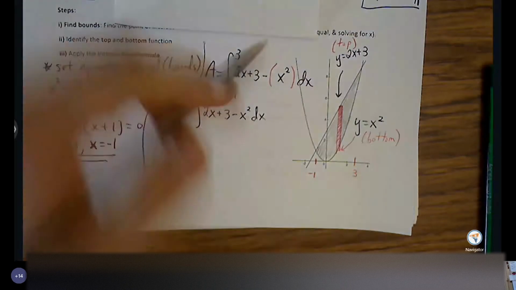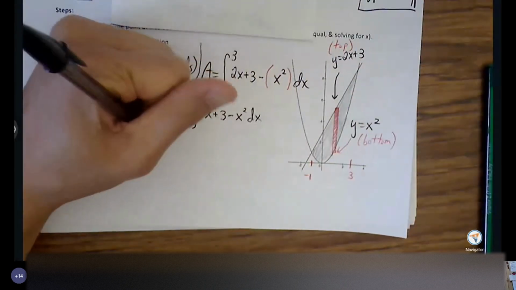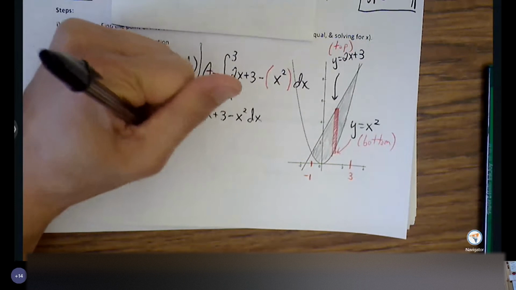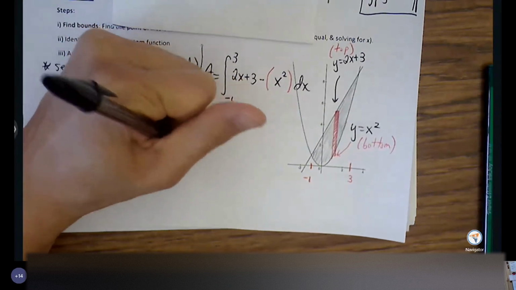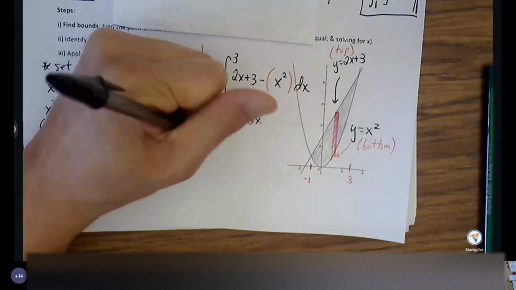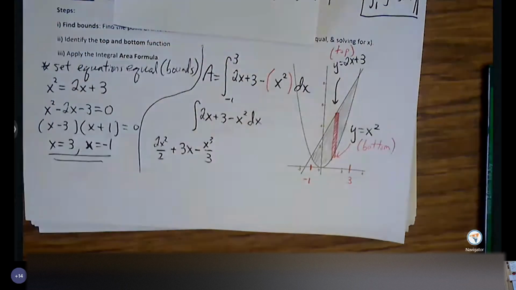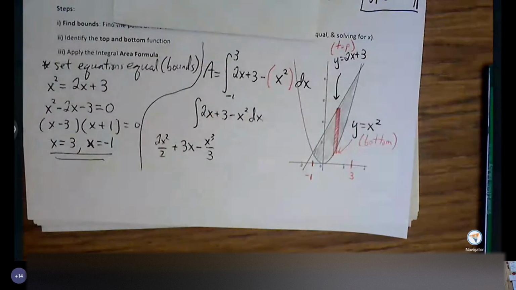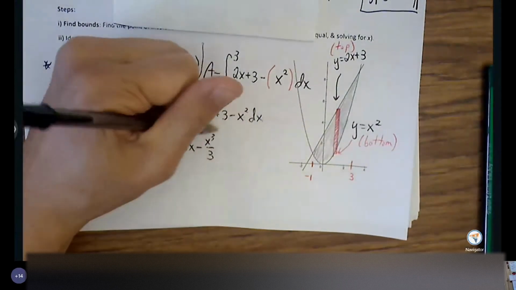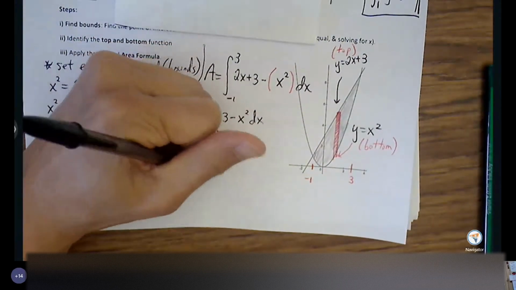These are all power rule terms. So 2x becomes 2x squared over 2. 3 becomes 3x. x squared becomes x cubed over 3. We're dealing with a definite integral here, so there's no need for plus C. No need to adjust the bounds because we didn't do u substitution, so we're ready for our bounds.